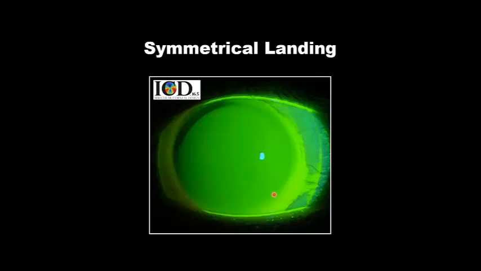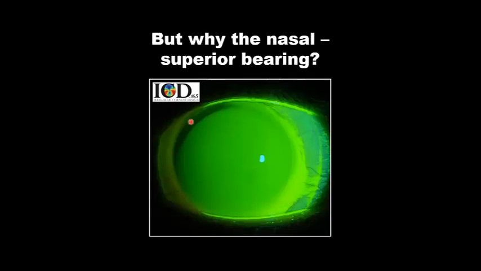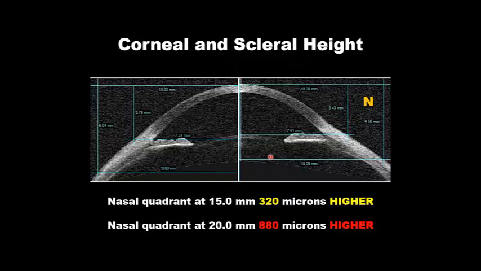Now, what else do you notice? You notice the lens completely vaults the cornea except for this little area here. This is one that a lot of practitioners have a hard time with, and I have to admit I was in the same place when we first started using scleral lenses in general, and the ICD specifically. Does this need to be modified? What you find is that the nasal aspect of the eye is generally higher in elevation than the temporal aspect.